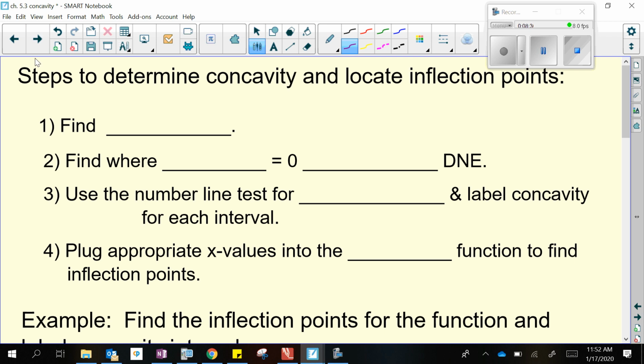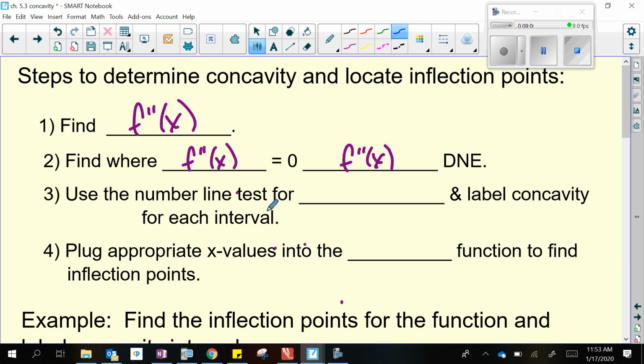So the steps that we're going to use to apply concavity to a function are almost identical to what we did with the first derivative, except now it's the second. So we're going to find the second derivative. We're going to find where the second derivative is equal to 0 or the second derivative does not exist. Sound familiar?